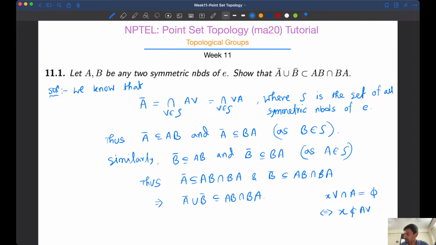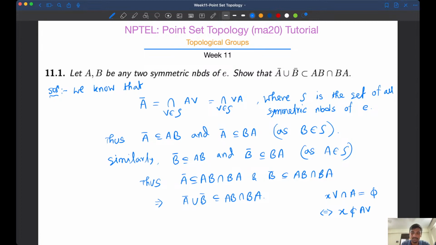Using this one you can actually prove that if x does not belong to A closure, then x does not belong to AV for some V, so it does not belong to the intersection. And similarly, if you assume that it does not belong to the intersection, that means there exists some V such that the element does not belong to AV.